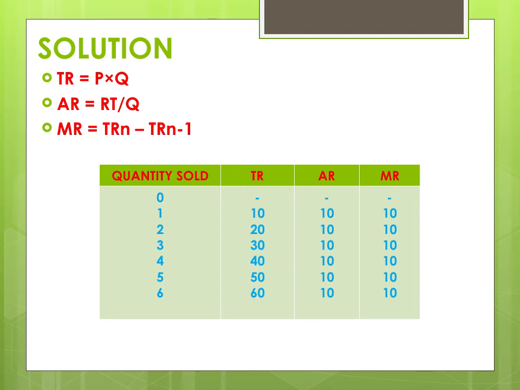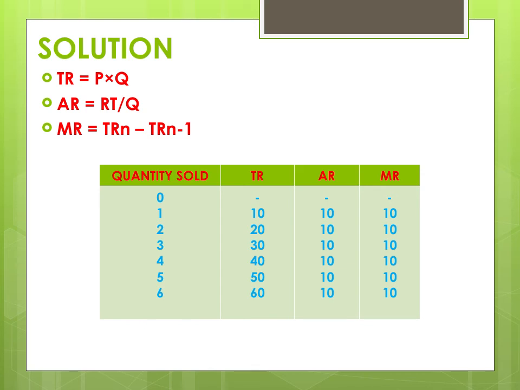Total revenue is equal to price into quantity. Average revenue is the total revenue divided by the quantity. And marginal revenue is the change in the total revenue, minus 1.